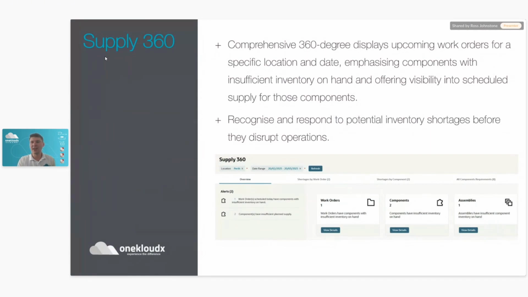Now, what that does is it means that you have visibility of any components that is going to have insufficient inventory on hand and making sure that you've got visibility of the scheduled supply of those components as well. Now, what this means is you've got one centralized place where you can view any alerts or any insufficient planned supply and be able to take action before that disrupts your operations.